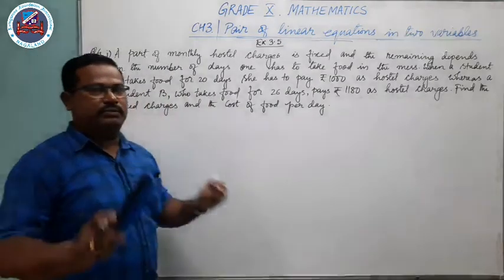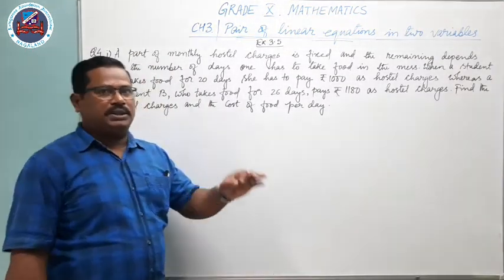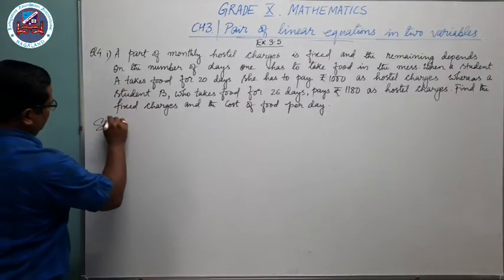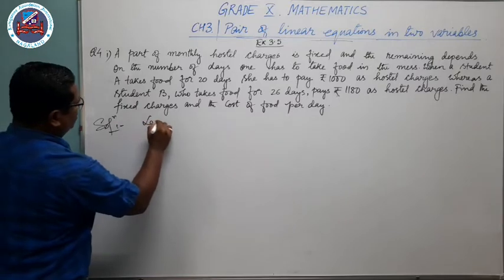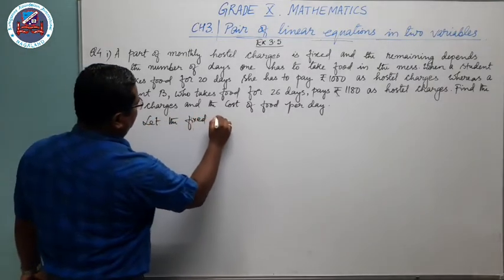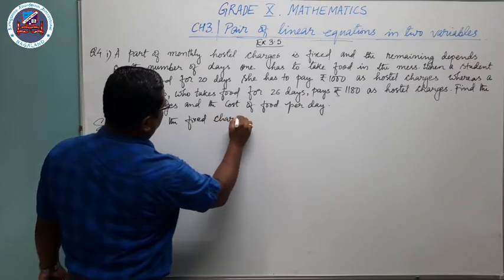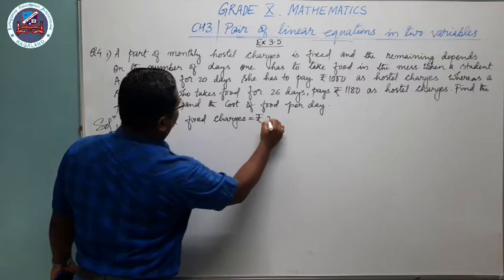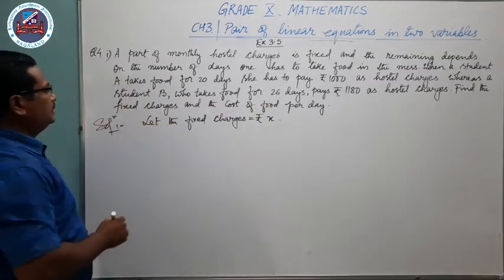That means whether you take food or not, fixed charge is there, that you will have to write down like this. Let the fixed charges be equal to rupees x. We'll take it like this.